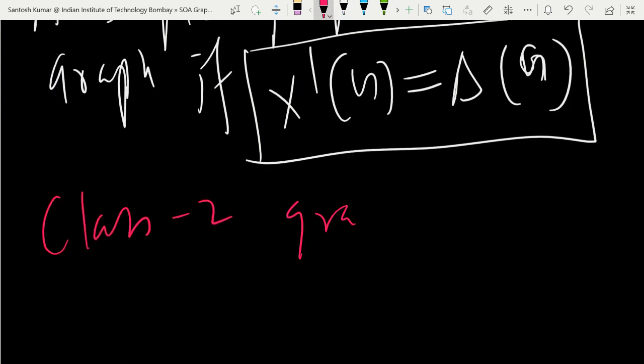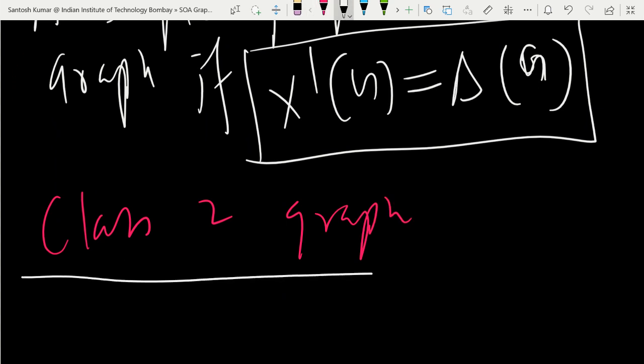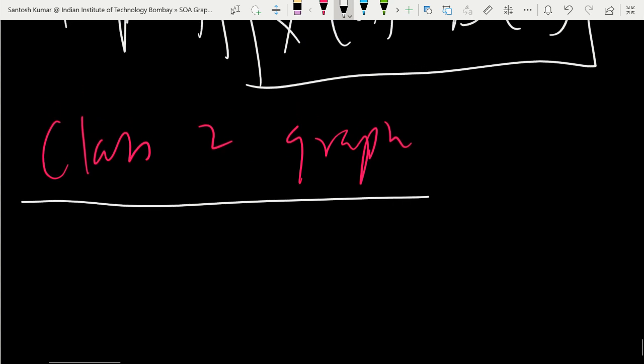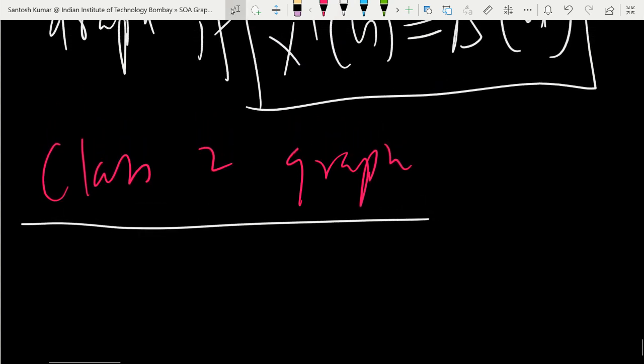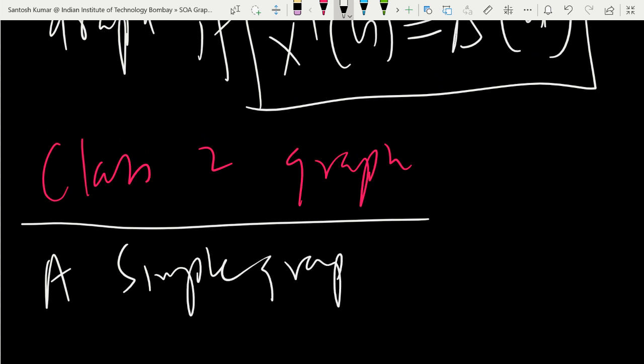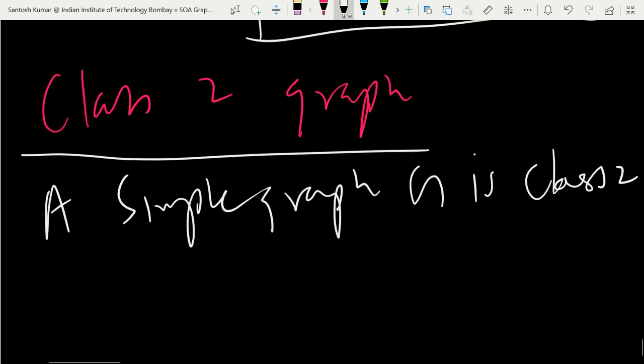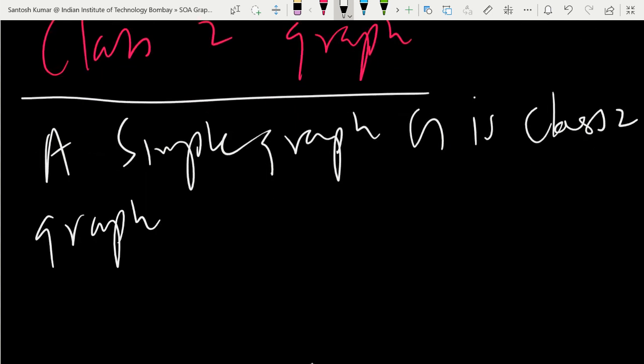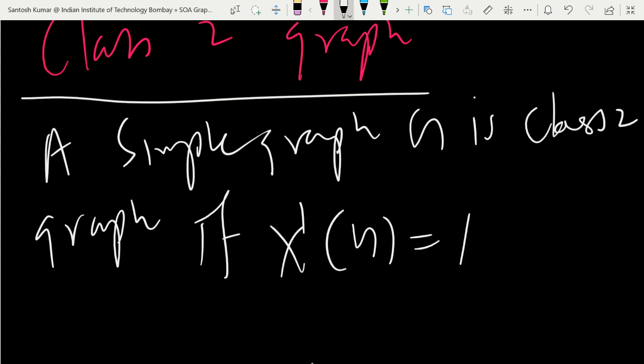And second comes class 2 graph. What is a class 2 graph? A simple graph G is class 2 if chi dash G is delta G plus 1.